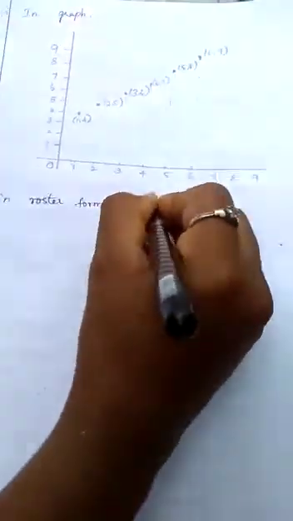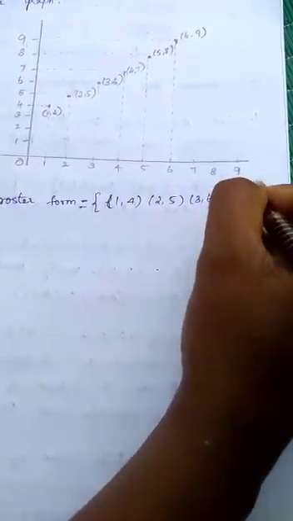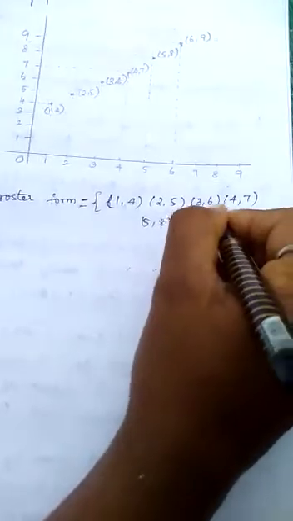Then we write this again in roster form: 1 comma 4, 2 comma 5, 3 comma 6, 4 comma 7, 5 comma 8, and 6 comma 9.